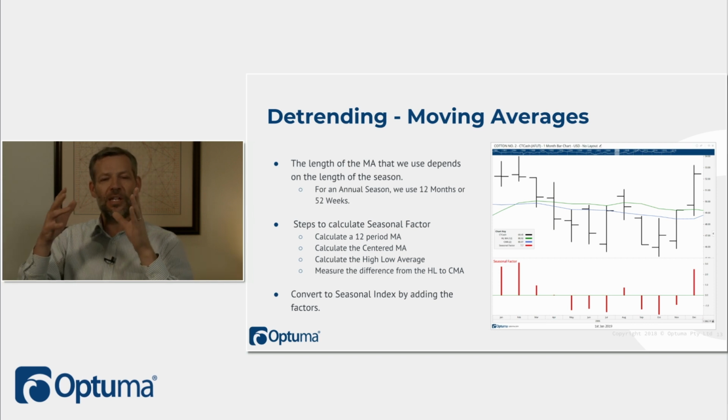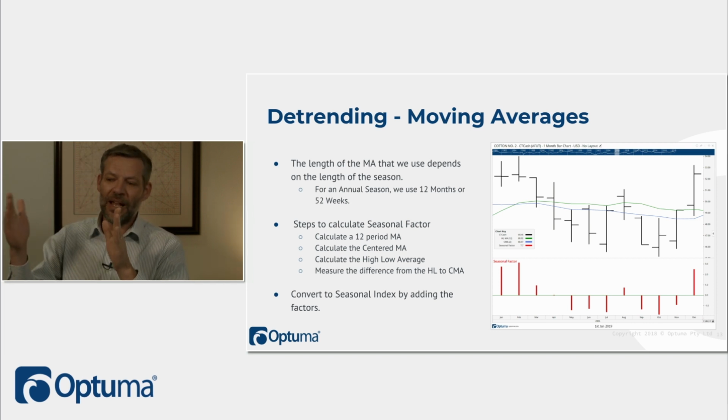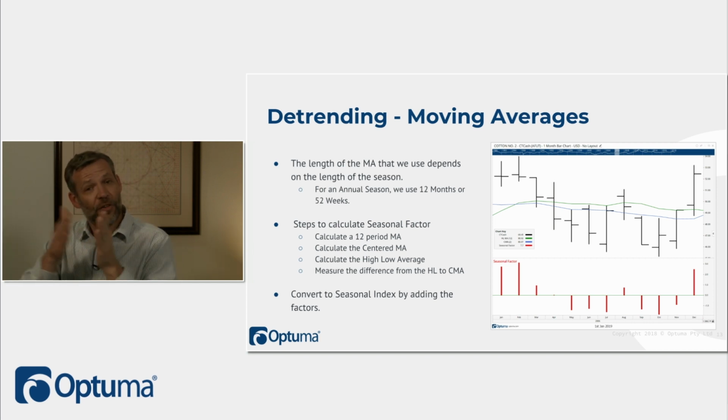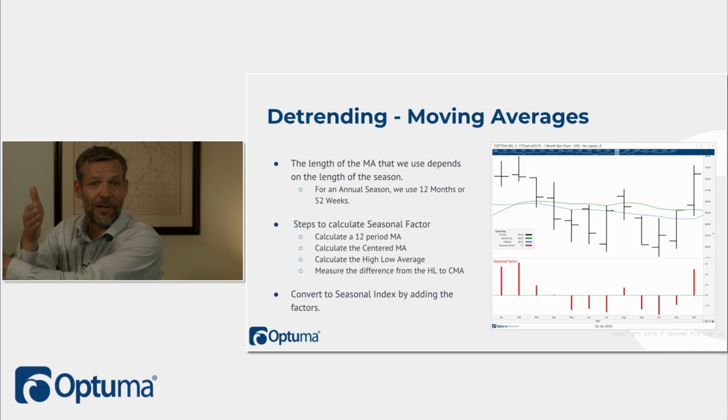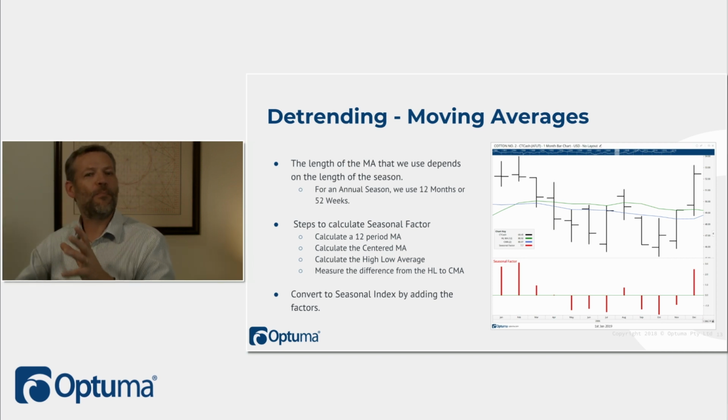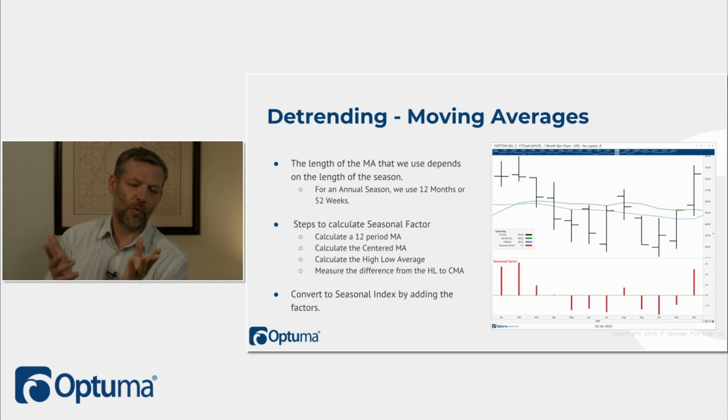We take the average, and if the average period was 12, then we go back 6 periods. And then we get a moving average which is much more representative for that bar. So that bar 6 bars ago is now considering 6 periods forward and 6 periods back. And that's why it's a lot better at identifying cycles.